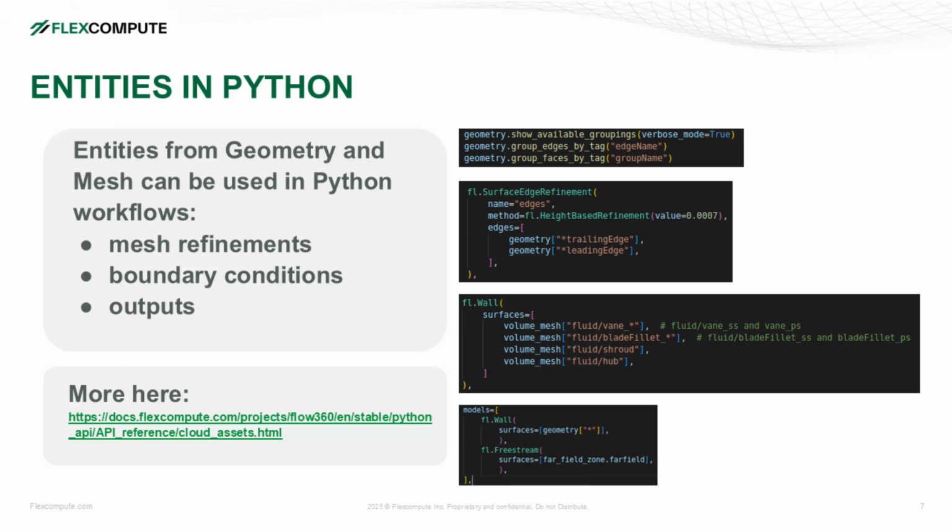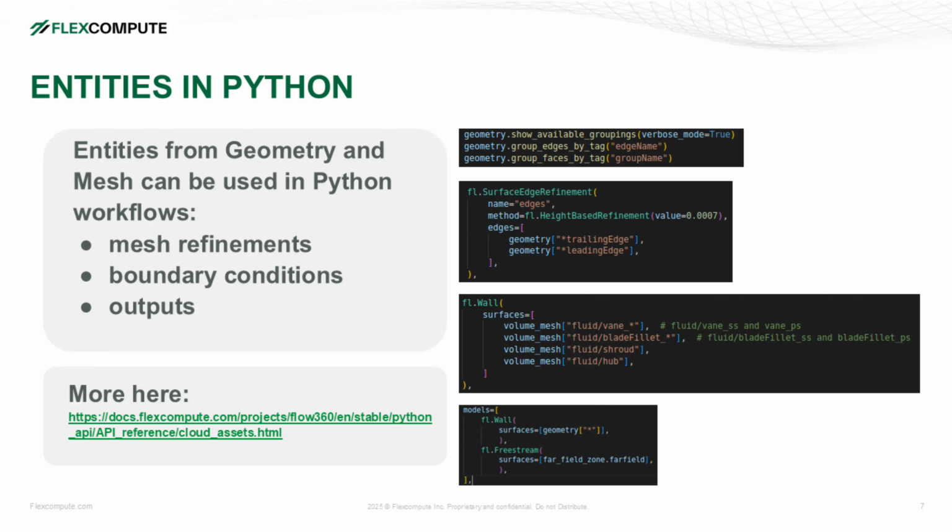Moving to discuss entities. There are multiple methods you can use for assigning to entities and utilize downstream when setting up the mesh or the case. You can either use groups assigned during geometry creation, or use the asterisk feature to select multiple components that have not been pre-grouped.